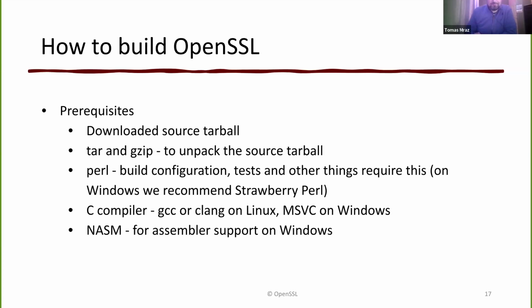Then you will need a C compiler, which could be GCC or Clang on Linux, and MSVC on Windows. For assembler support on Windows, you will need NASM. The minimal versions for Perl and NASM are mentioned in the INSTALL.md file.